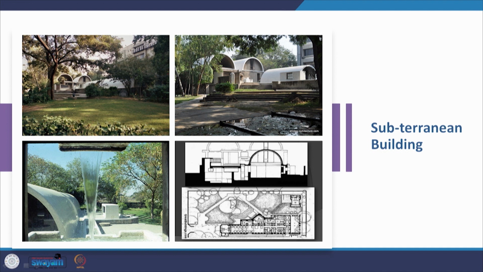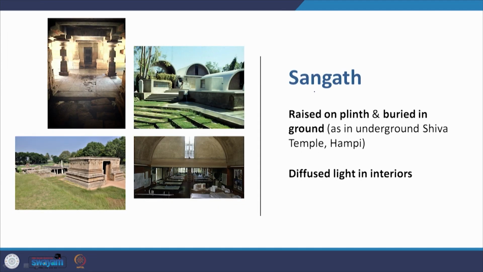So this is a subterranean building, as you can see. This is the section, and part of the building this much, it's underneath, it's cut into the earth, it's earth on both sides, and the barrel vault is on the outside. And then if you look at it, it's raised on a plinth and buried in the ground. We also find the same principle in the underground Shiva temple at Hampi, and we get that diffused light in the interior.